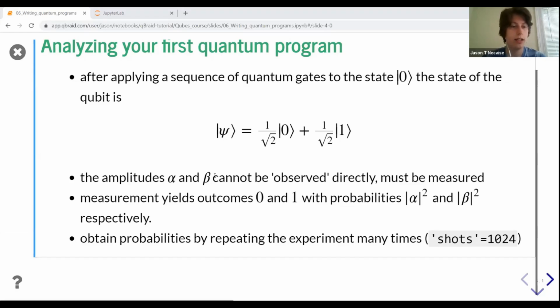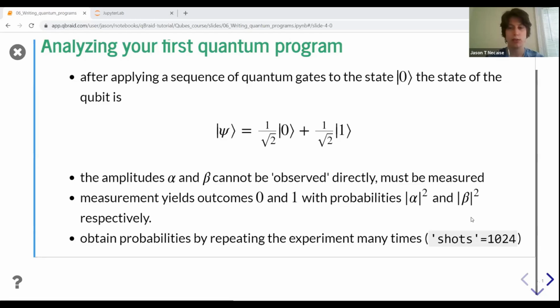Right, so Jacob, the Hadamard gate takes 0 to this plus superposition, and it takes a qubit which is in the 1 state to the equal superposition with a minus sign. We'll see that later. And these amplitudes can't be observed directly. All you will ever see is, measure the qubit, and I see 0 or I see 1.